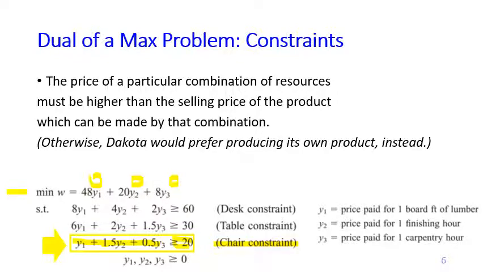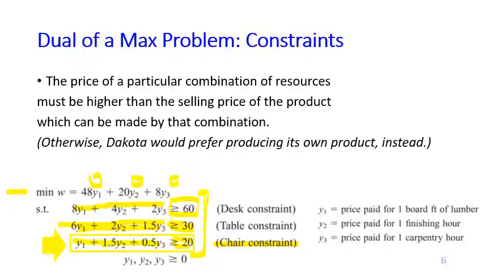So for each of these combinations, the price that the person offered to Dakota must exceed, or at least equal, the price of the desk for this combination, the price of the table for this combination. And overall, the prices that that person offers must satisfy all of these constraints such that Dakota is willing to sell the resources, right?